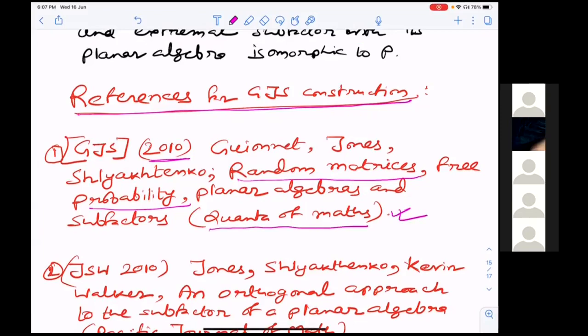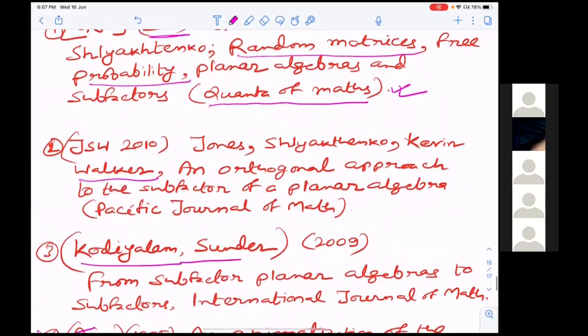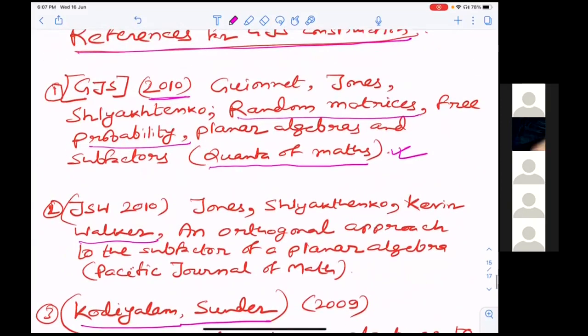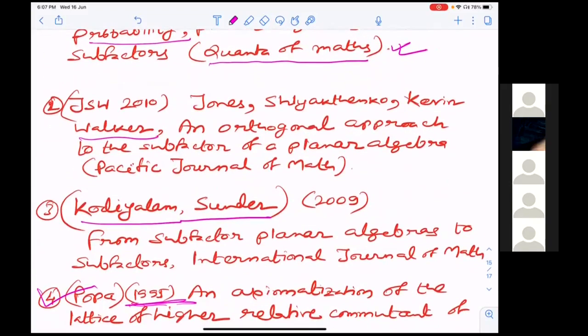But shortly after that, Jones, Shlyakhtenko with Walker, and independently Kodiyalam and Sunder, around the same time, found an easier proof than the previous one, which used random matrix tools and free probability. They took an orthogonal approach: there is a certain multiplication in the planar algebra, and they changed that one.